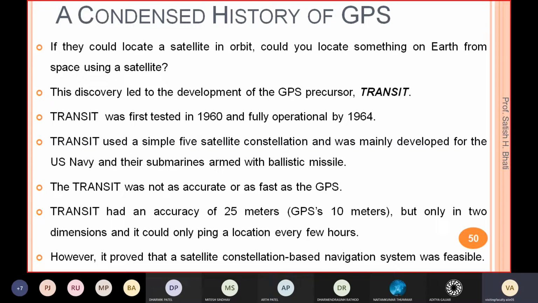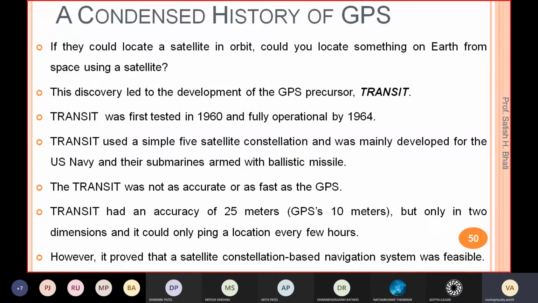Transit was not as accurate as GPS, because we know Transit was a technology of about the 1960s and 1970s, and right now we are in the 2020s. So definitely day by day technology will improve.